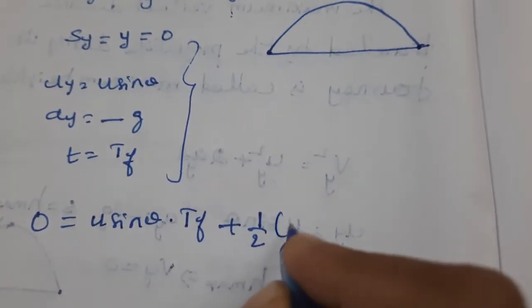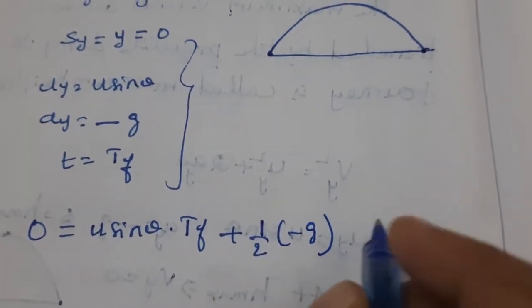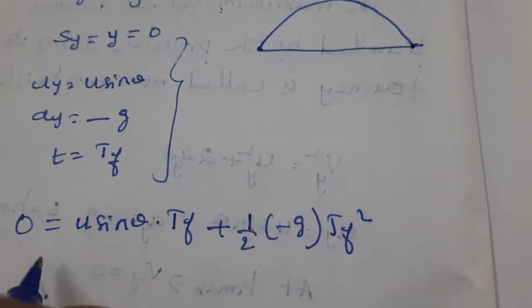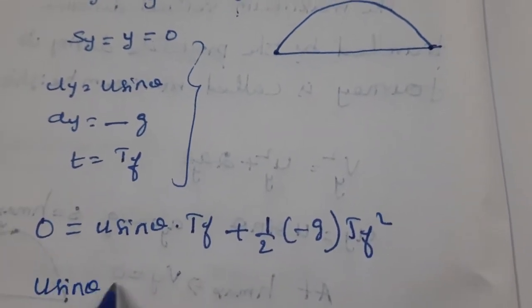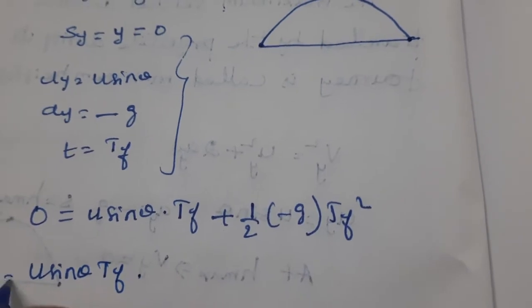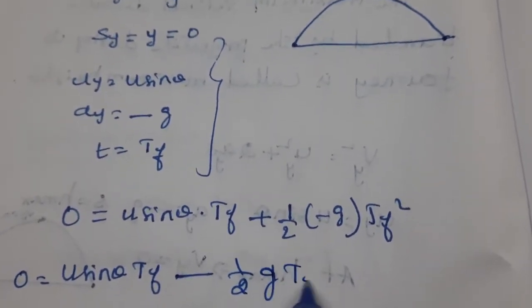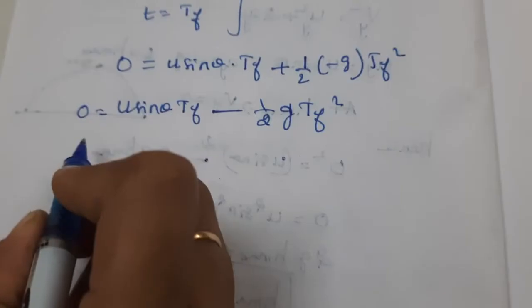So what is a? Minus g. And what is t? tf. So 0 is equal to u sin theta tf minus half g tf square.